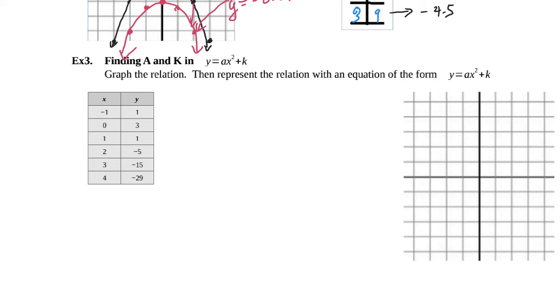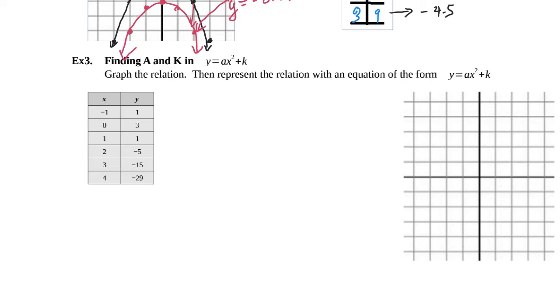The key idea is to graph the points on the graph and then find the vertex, use the vertex to help us figure out what our k value is. And then we have to find the a value by plugging in one of those points. So in this case, we're going to do the math version of it, and then I'm going to show you how to do the final version. That just uses a really cool feature about quadratics.